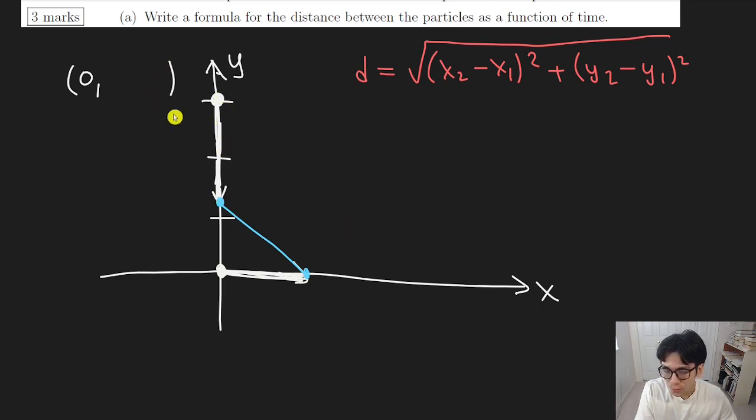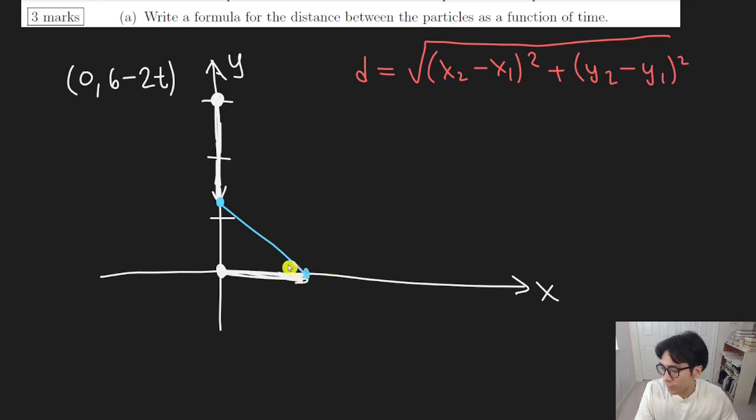So all we need to know is the y coordinate. The y coordinate starts at 6, and it decreases by 2 units per second. So we're going to write 6 - 2t to represent a rate of change of -2 per unit time. So this is our point.